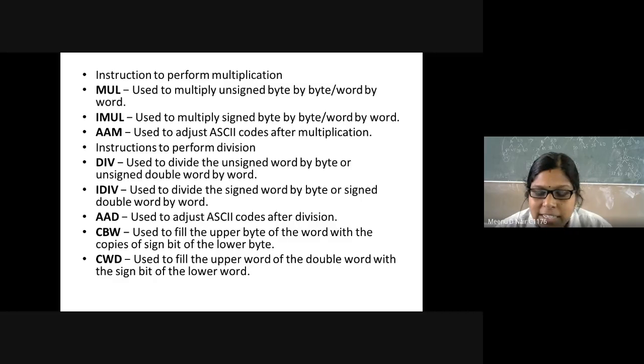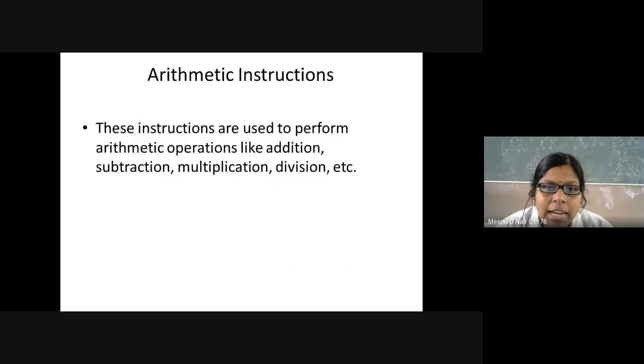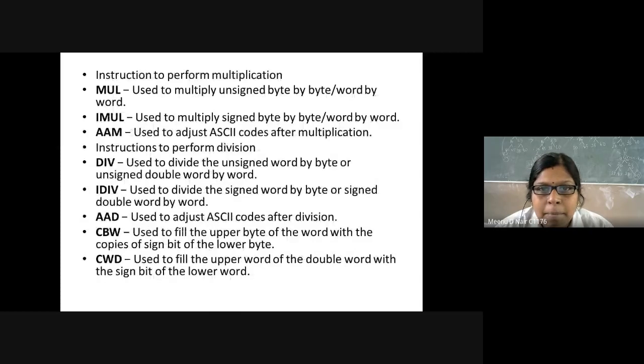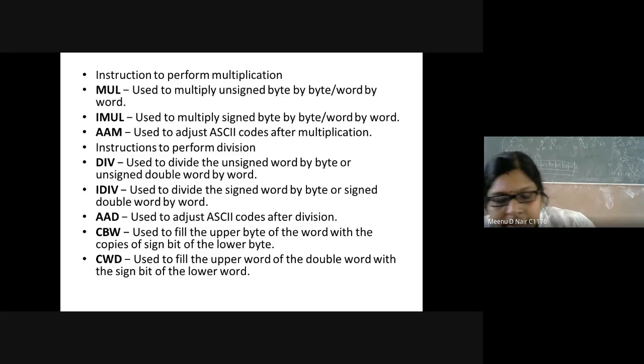So these are the instructions you use in the arithmetic operation. There are four types: addition, subtraction, multiplication, and division. These four categories of instructions are there in the arithmetic operation, right?